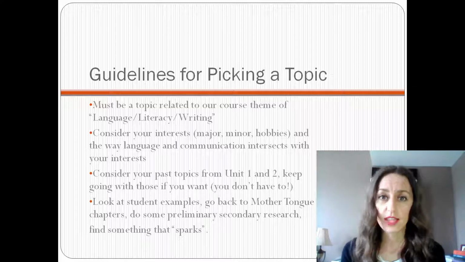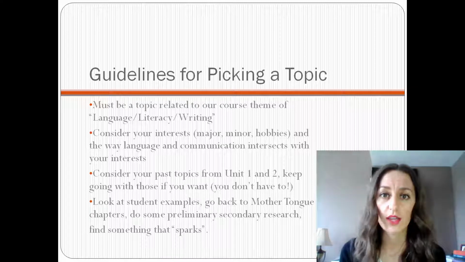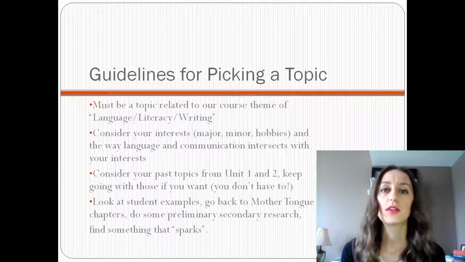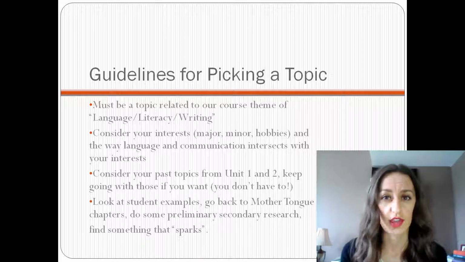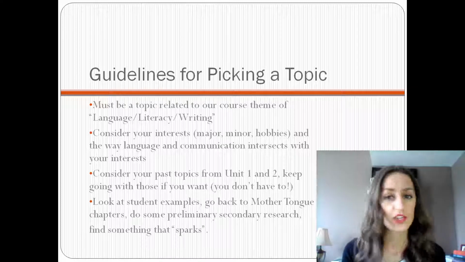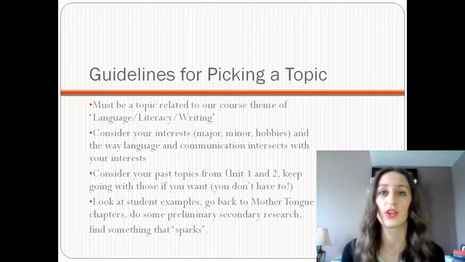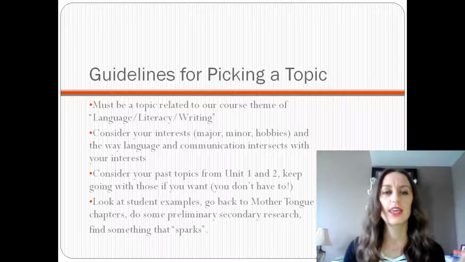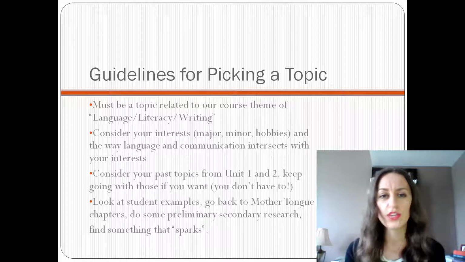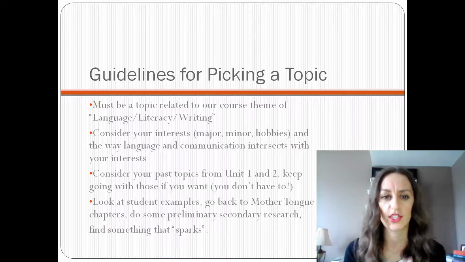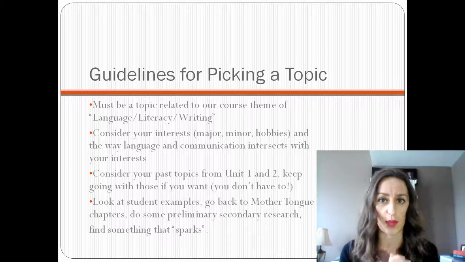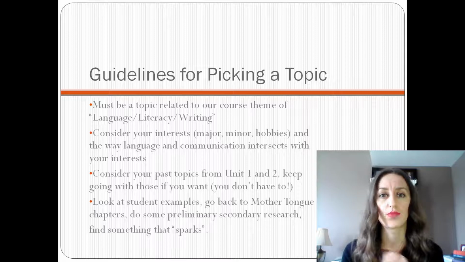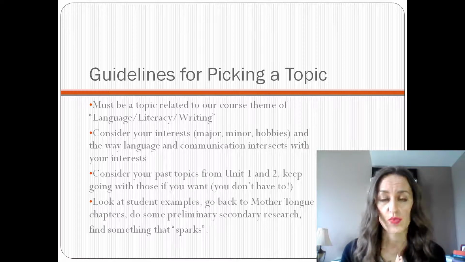However, that being said, I still strongly recommend that you consider your interest and start there. Think about what your major is, or your minor, or your hobbies, or anything that really interests you, and think of a way that language or communication intersects with your interests, okay? So that's a good place to start.